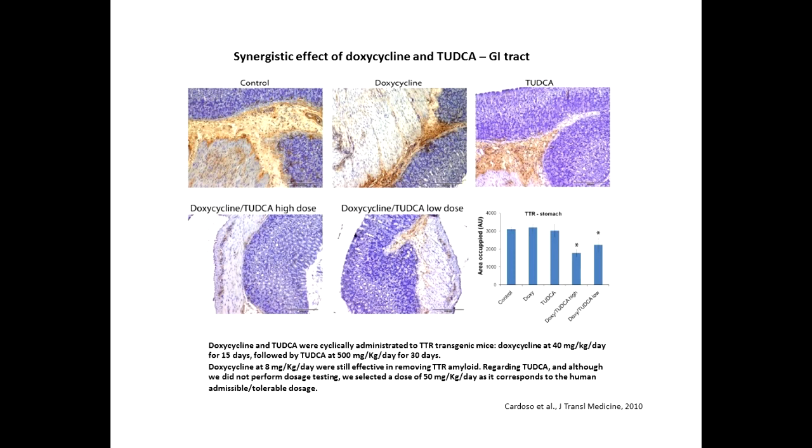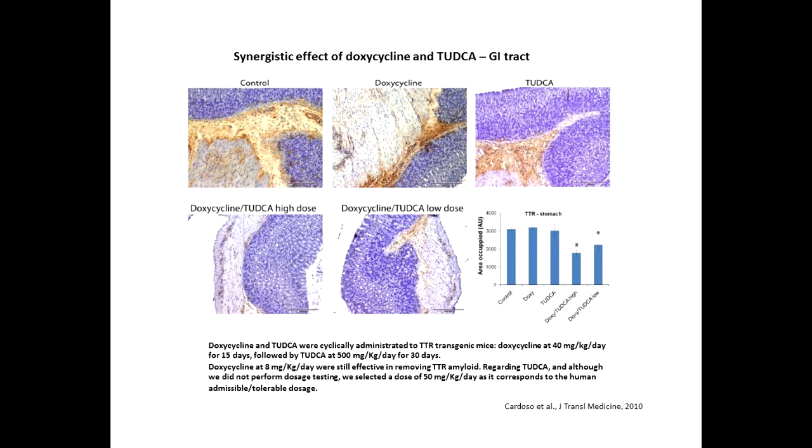This is what we found. These are transgenic mice. The GI tract is affected in these mice. We have control, treatment with doxycycline and TUDCA alone, but when you put both, you do a combination, you can get rid of deposition. You won't have more deposition.